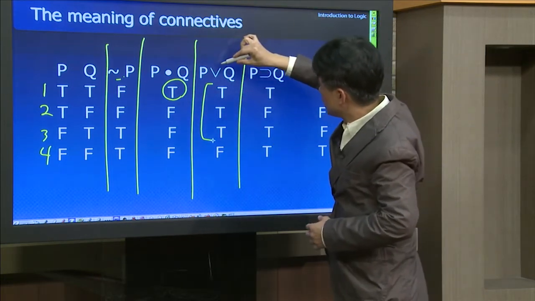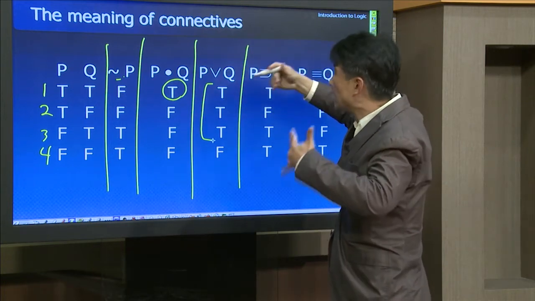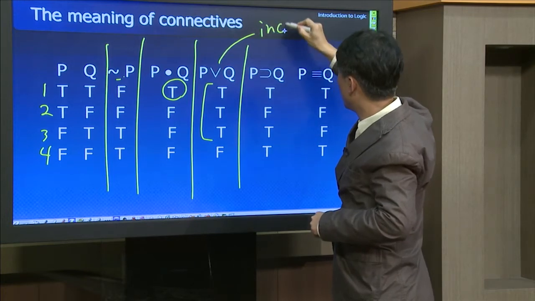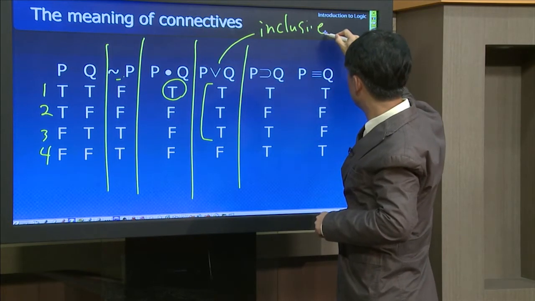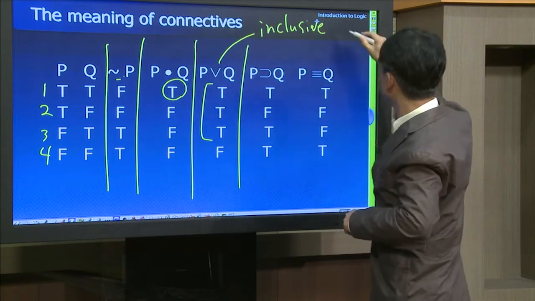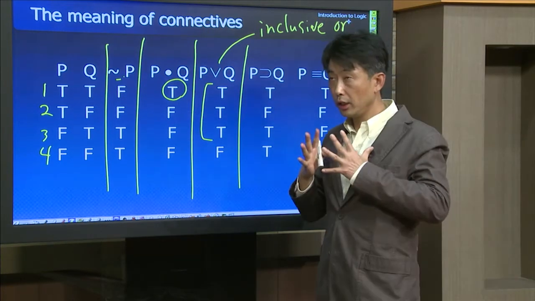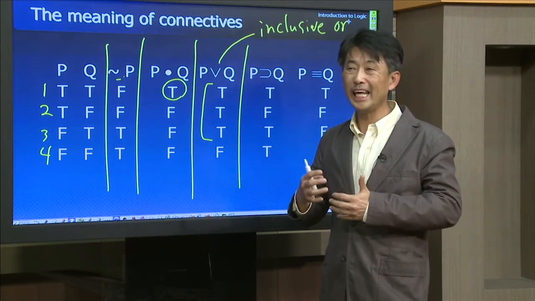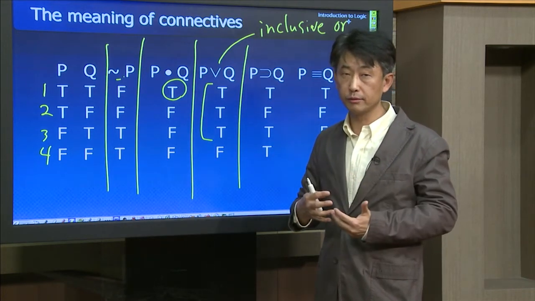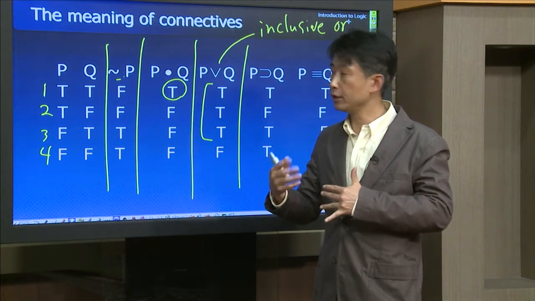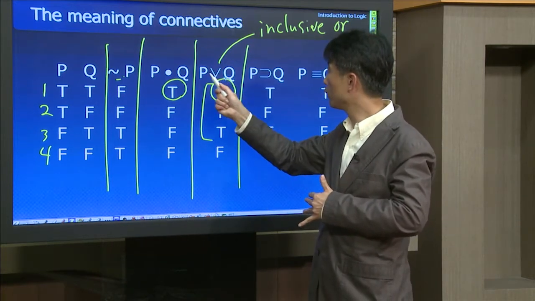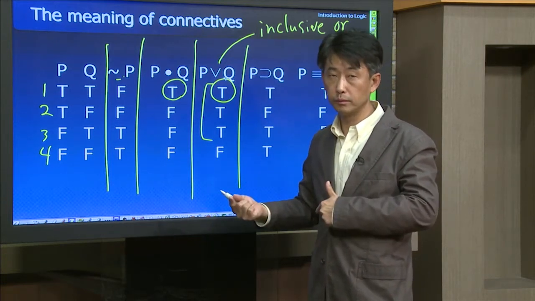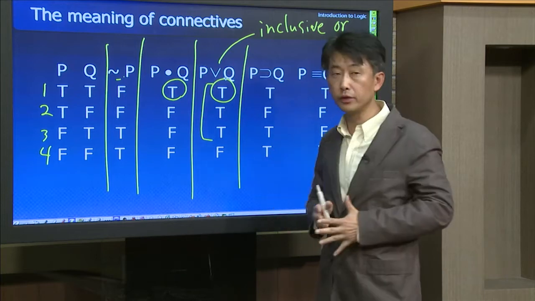Sometimes this meaning is called inclusive or. In ordinary English, the expression "or" can mean inclusive or exclusive. Inclusive or means when both of them are true, P or Q is true. That's what we will understand.